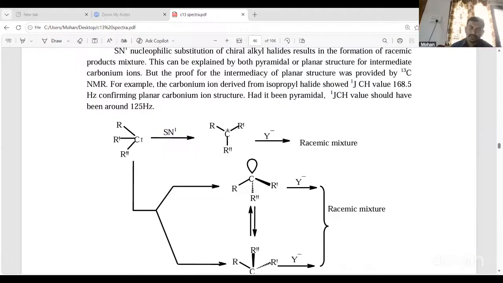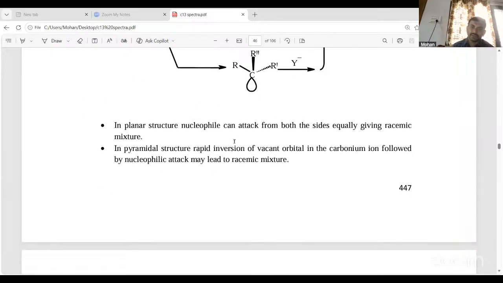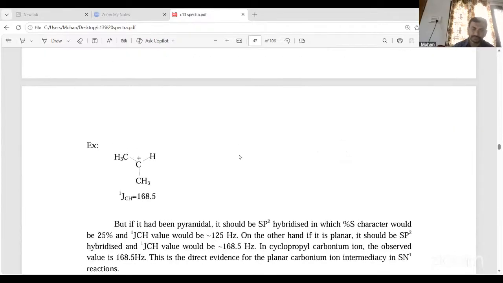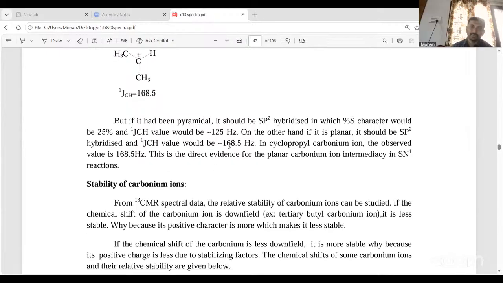If it exists in the pyramidal geometry, you will get the J value of 125 hertz. If the carbocation or the carbonium ion exists in the planar geometry, then you will get the J value of 168. So based on this, which geometry the carbon is acquiring will be predicted by the C13 spectrum.